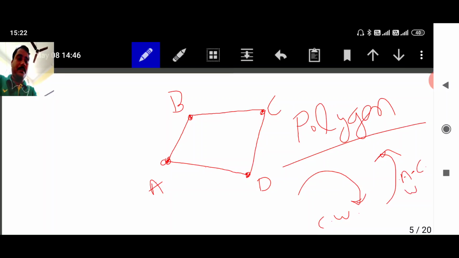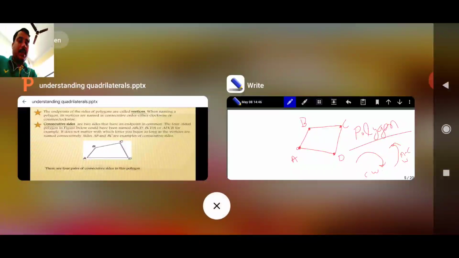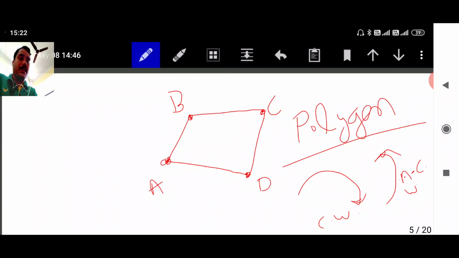Okay, and these points A, B, C, D are known as vertices.